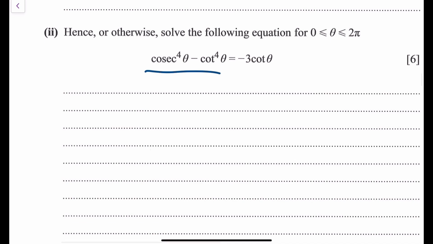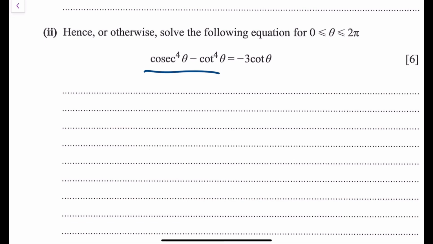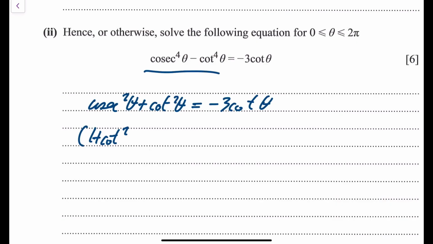This thing then we have just said is the same as cosec squared theta plus cot squared theta, and then is equal to minus 3 cot. We want to get everything in terms of cot. So your cosec squared, you write as 1 plus cot squared from what we had above. And then that's plus another cot squared is equal to minus 3 cot theta.